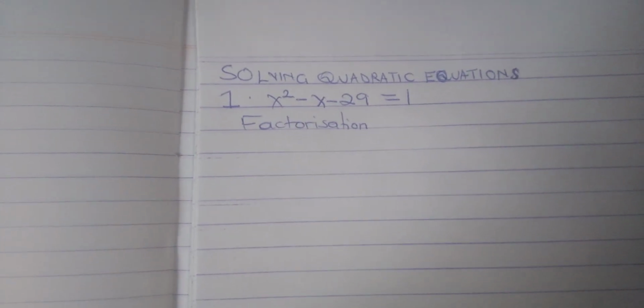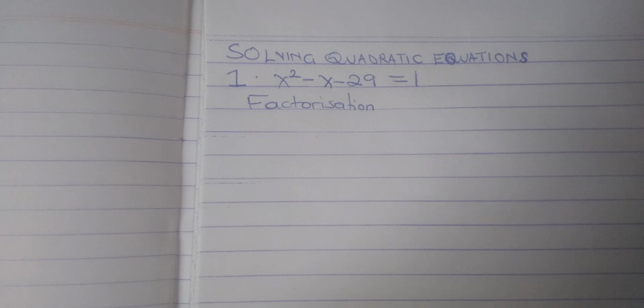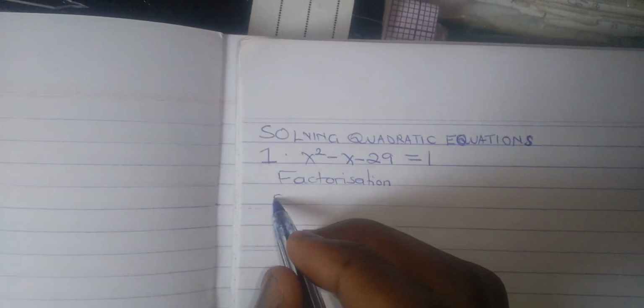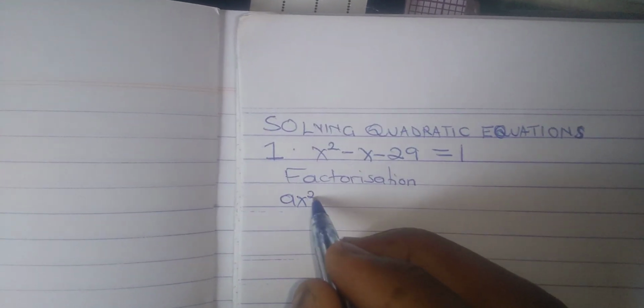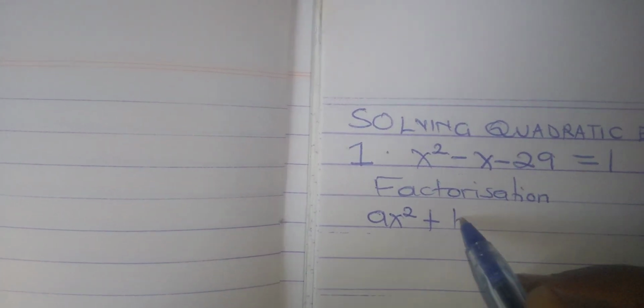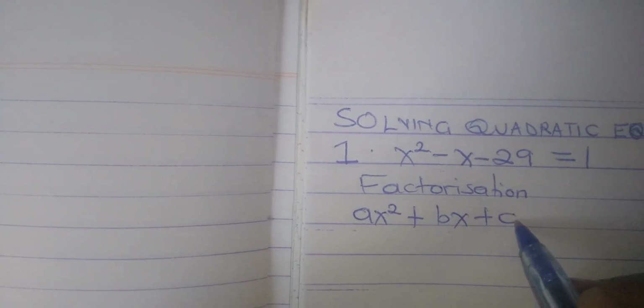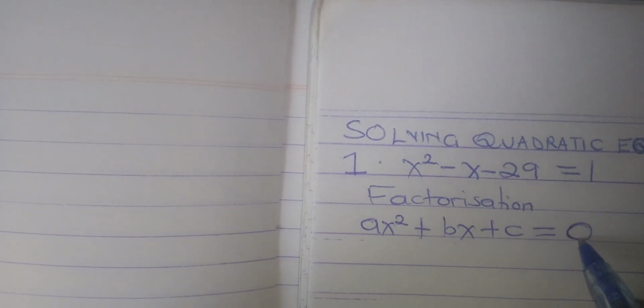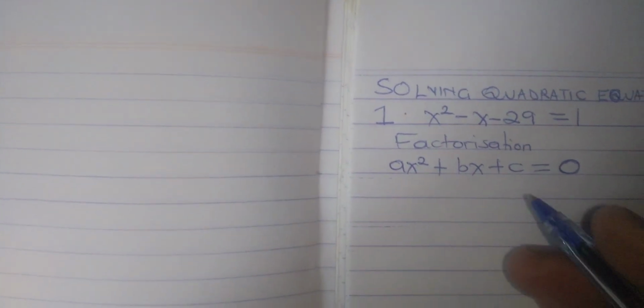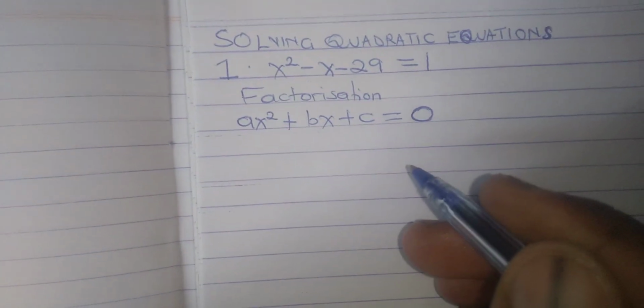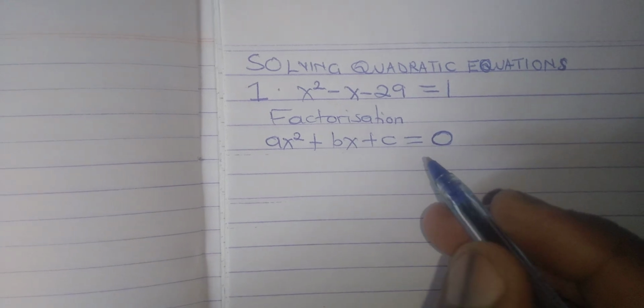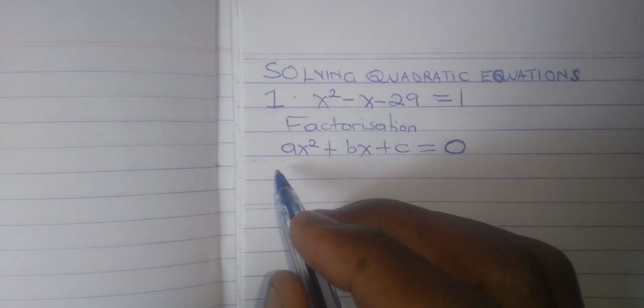Having seen that this is already a quadratic equation, I just have to arrange it in the form ax squared plus bx plus c equals 0. It has to always be in this form. From there I'll use my factorization. So what will I do?